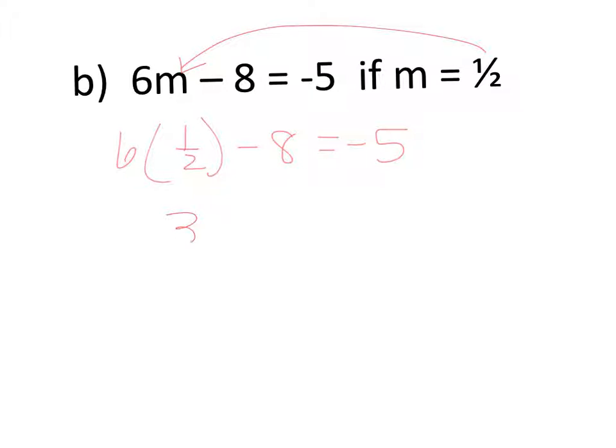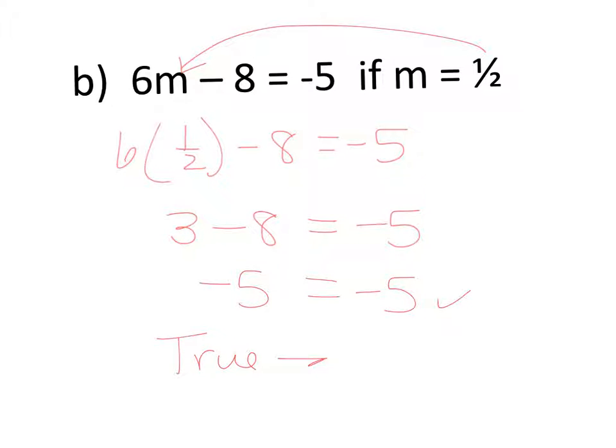So half of 6 is 3, minus 8, and we're going to figure out, does that equal -5? Well, 3 minus 8, different sign, subtract. So you get 5, you have more negatives, so we're going to end up with a -5 equals -5. So yes, this is an answer. This works. So again, you can say true, or you can say yes, it is a solution.